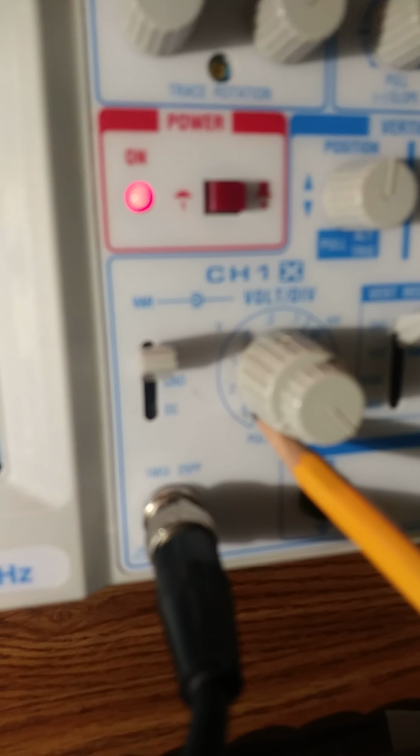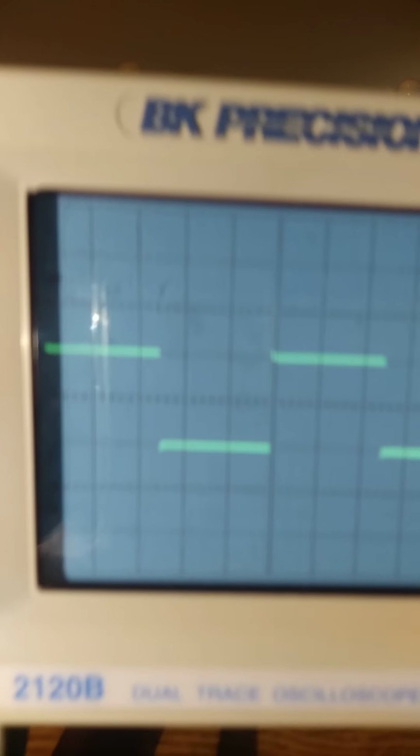Now you can see that the amplitude is 1 square high from the 0 mark, and I'm still on the 5 volts per centimeter square, so that means that my peak voltage is 5 volts. And the voltmeter is reading 5.29. A little high.